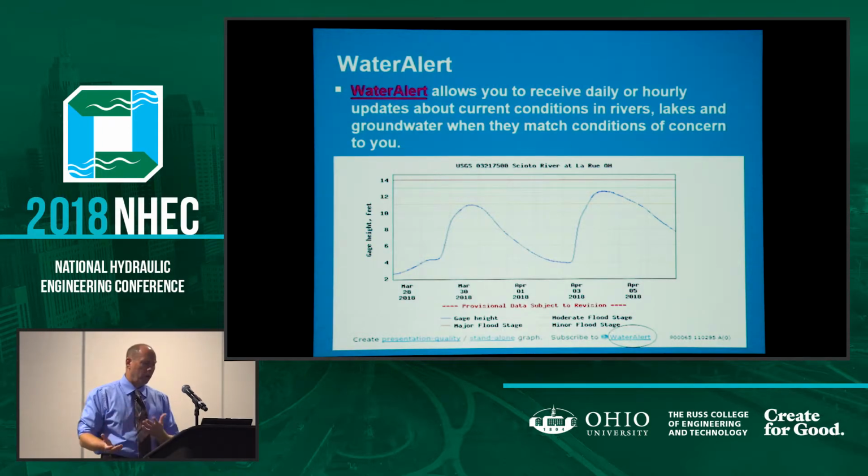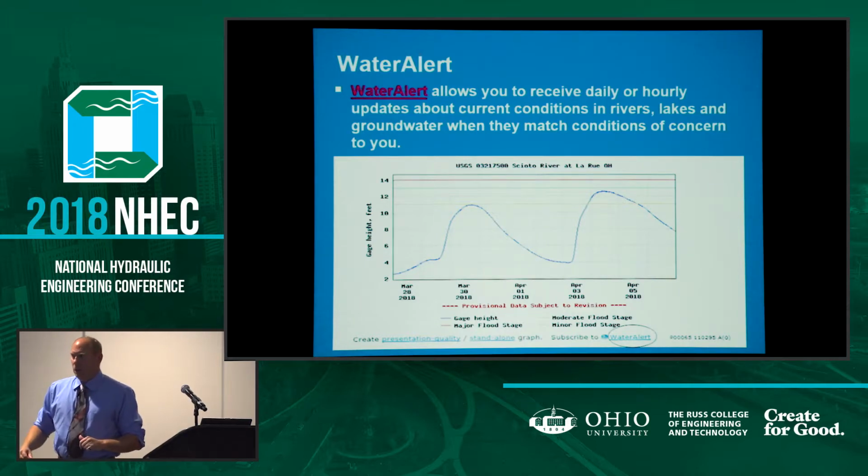So I want to talk about Water Alert a little bit. Water Alert allows you to receive daily or hourly updates about current conditions in rivers, lakes, and groundwater. You can type in the conditions that are of concern to you. So you see on the bottom right, what's circled there is a water alert.